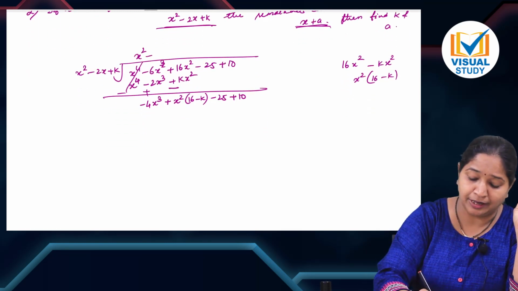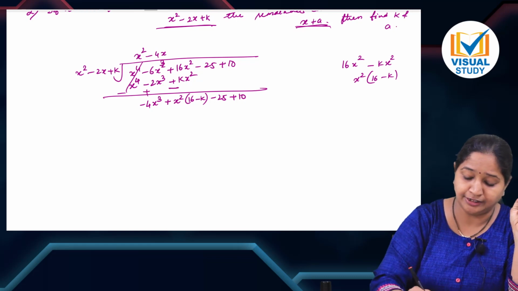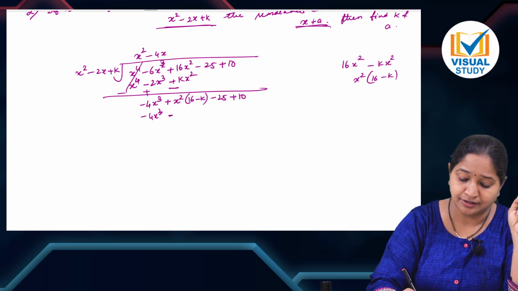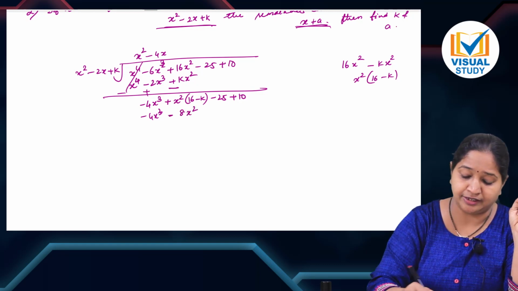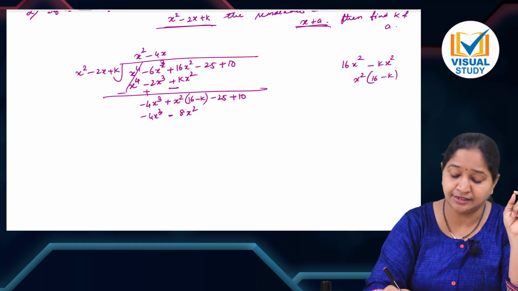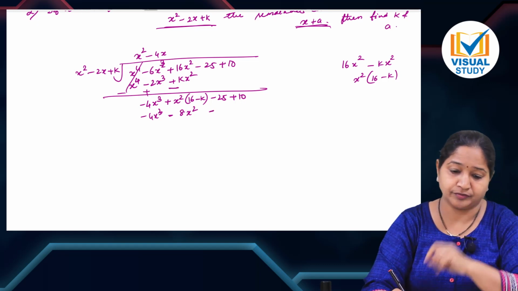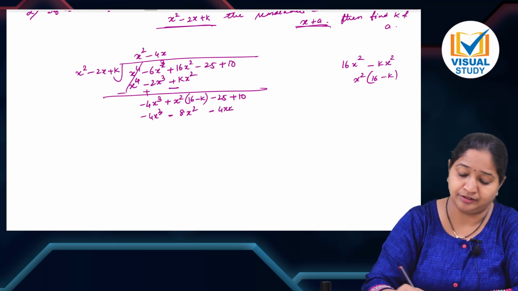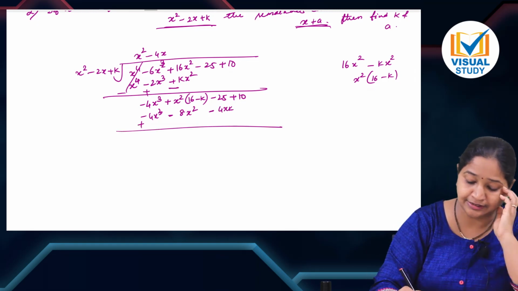Now what you want is minus 4x. 4x into this you get minus 4x cube, 4x into this is minus 8x square, and this is 4xk. Now again cancel it.